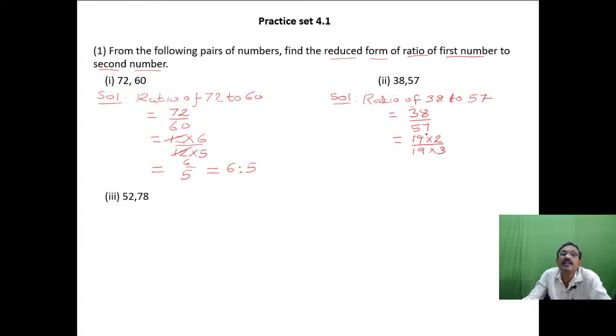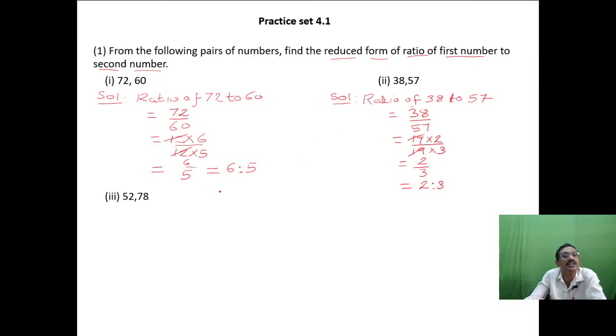Now 19 ones give me 19, 19 ones give me 19, which is equal to 2 upon 3. Now how will I express this ratio? This is equal to 2 is to 3. So these were the first two sums where we found the reduced form of the ratio of the first number to the second number.